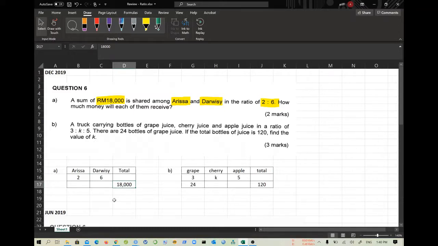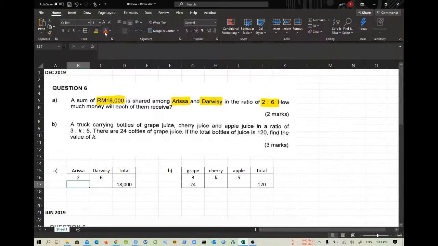The question now is that you need to find the quantities for Arisa and Darwish. Let's give these a value, using red color over here.